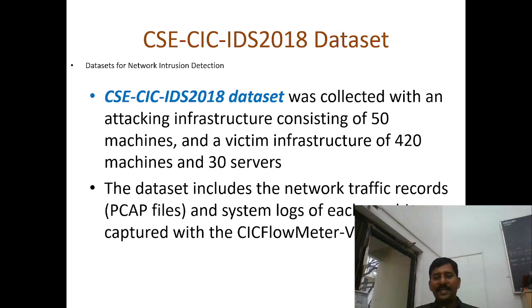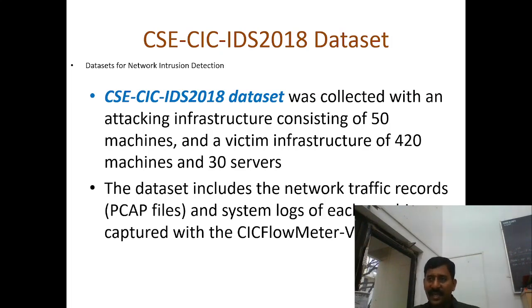It is a more recent dataset in comparison to the most popular KDD Cup 1999 dataset. Here the dataset includes the network traffic records, that is the PCAP files, and system logs of each and every machine, captured with the CICFlowMeter version 3 device. What does this mean?